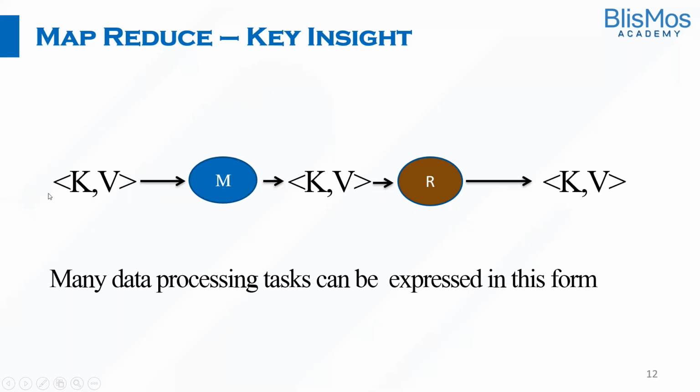Key value form. The mapper accepts a key value pair as an input and outputs key value pairs, and the reducer accepts those as key value pairs and produces key value pairs. The final result comes after the reducer. What it means is that many data processing tasks can be expressed in this particular form.